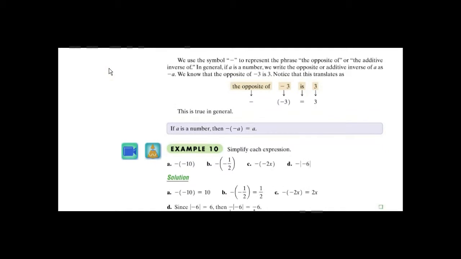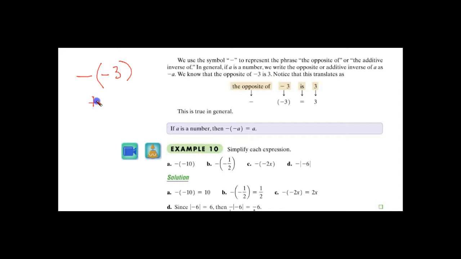Now here's where it gets a little bit tricky. Suppose we are saying, and sometimes this negative sign is read as the opposite of -3. What is the opposite of -3?